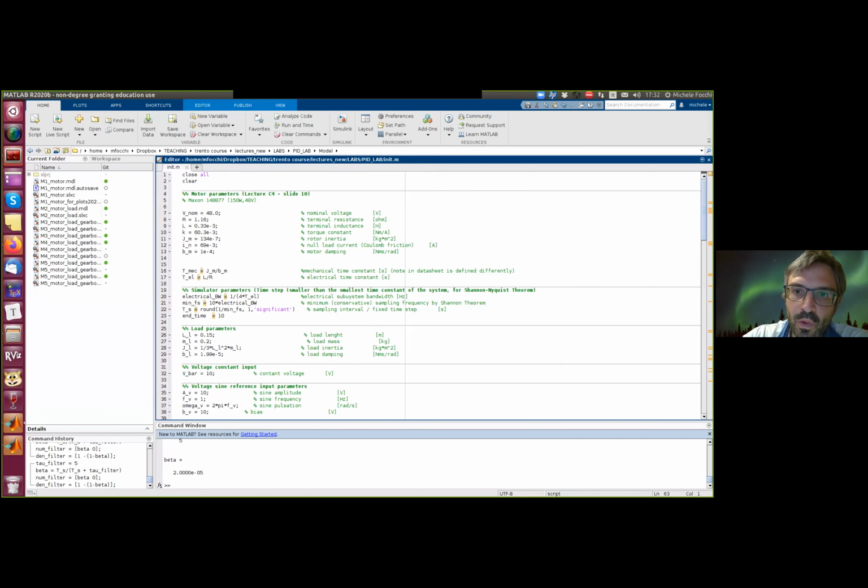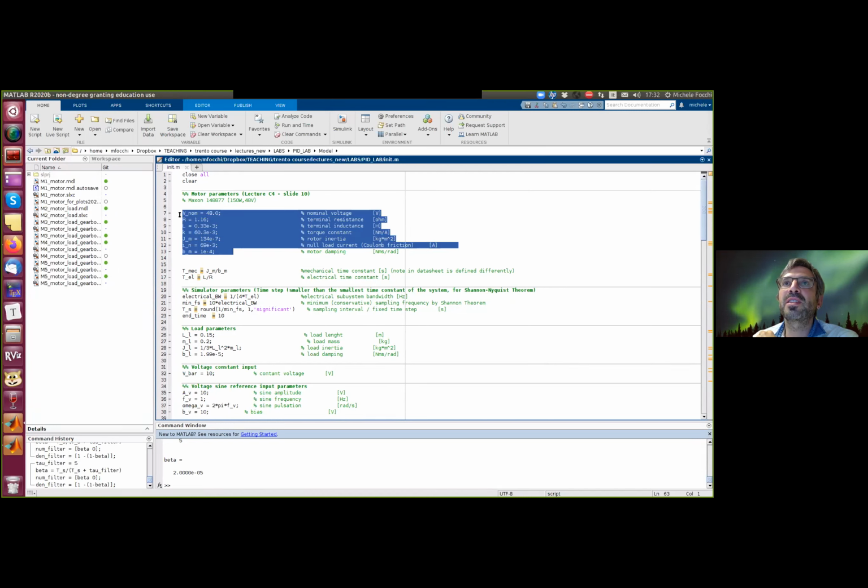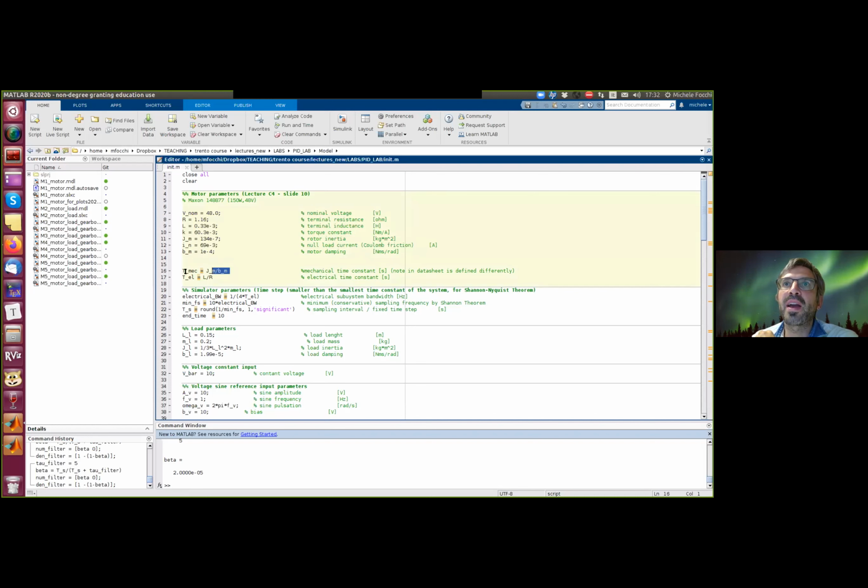to the solution. We will quickly see together how to do the exercise. So first, let's review the init file. We have all the relevant parameters that we have in the table. We can compute the mechanical constant.